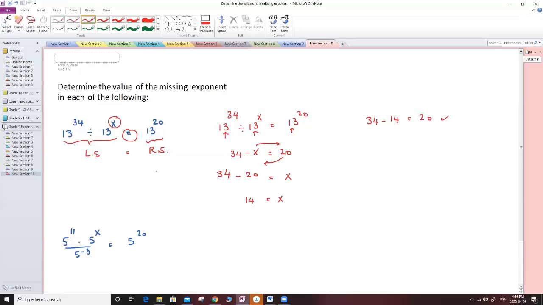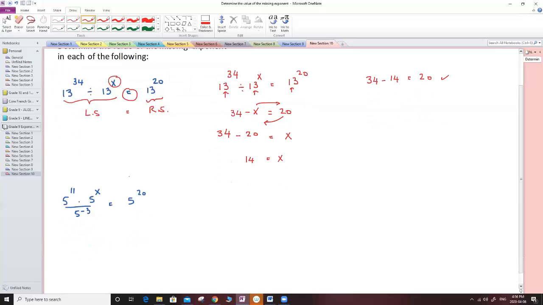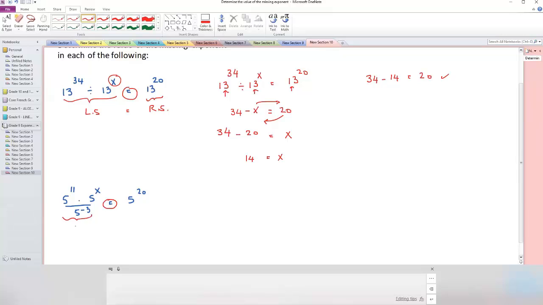Next one, I have again an equation, and I know that because I have the equal sign. So that means the left side has to equal the right side. The right side is easy, but the left side I need to work with. I need to find the x.